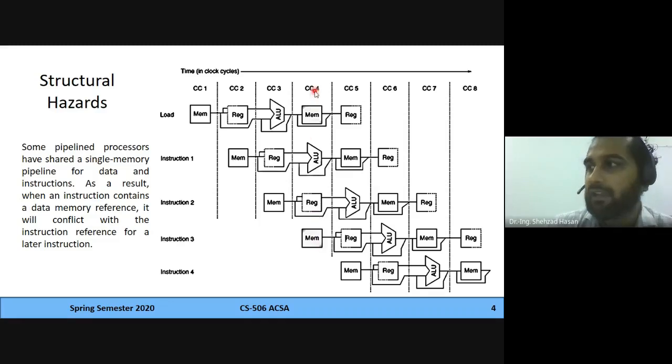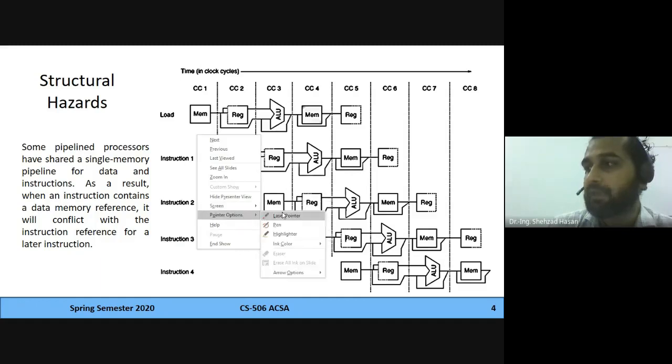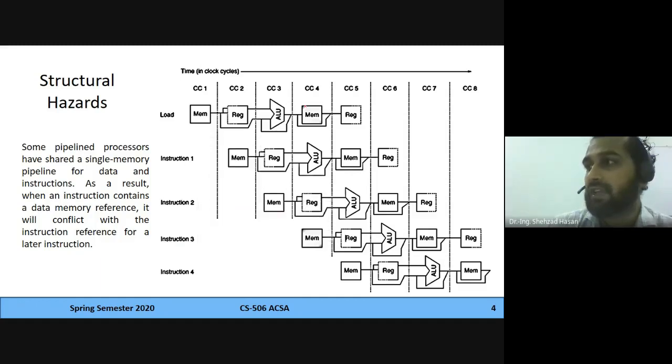Now, if you look over here in cycle number four, there are two instructions using the same hardware resource. We have a memory over here and a memory over here, and that's the same cycle, cycle four. Now, here comes the problem. As I mentioned, structural hazards are because of conflicts in hardware resources.